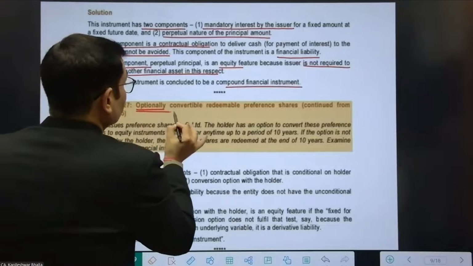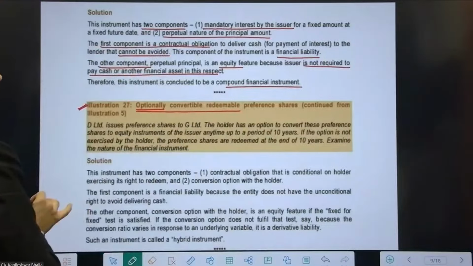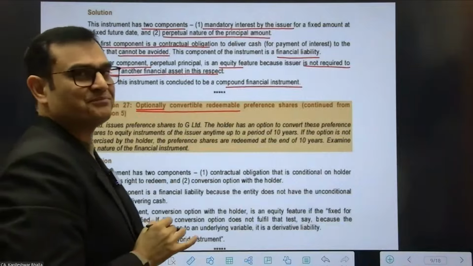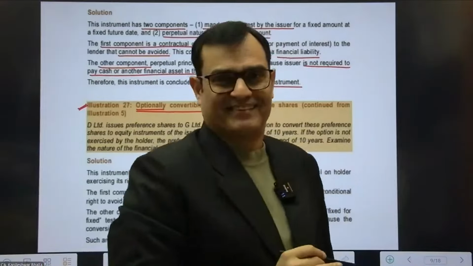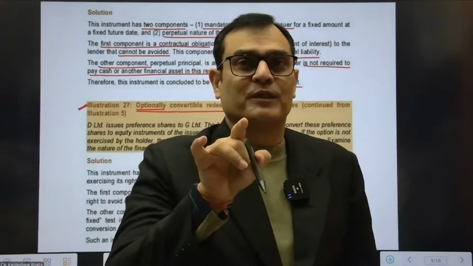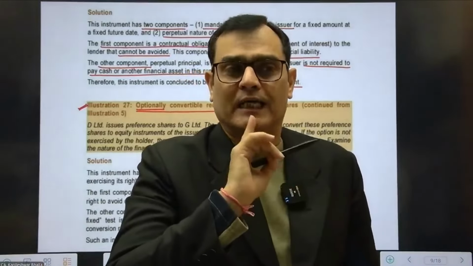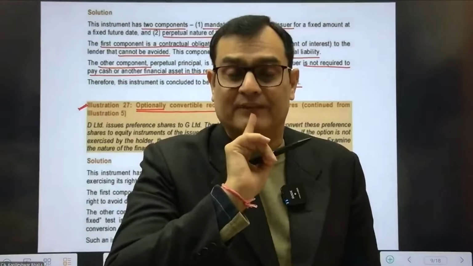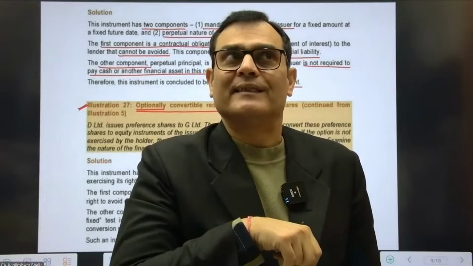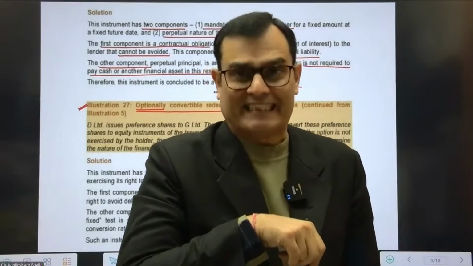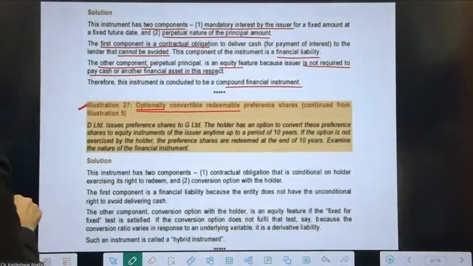Optionally convertible, redeemable preference shares, OCPS. The moment you hear the words optionally convertible, aha, CFI, derivative, and if the derivative has equity characteristics, not to be segregated. Let's now read.